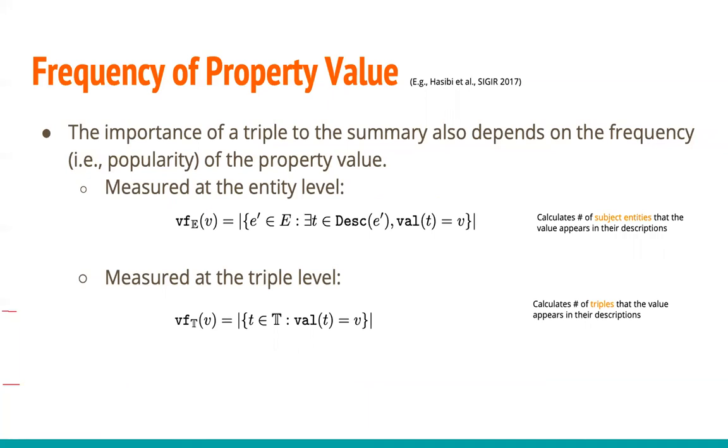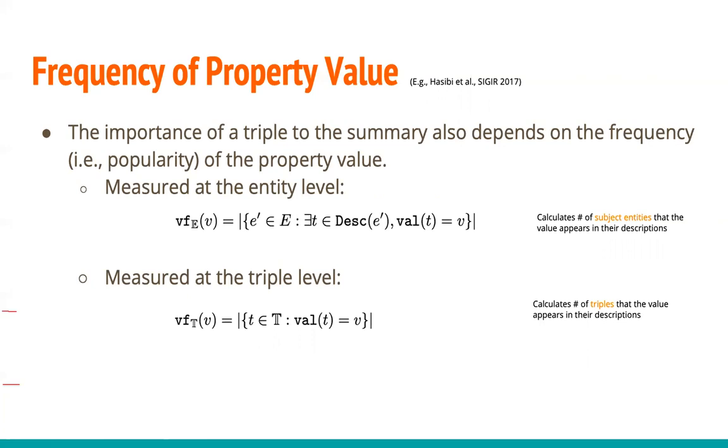So when measuring the frequency of a property value, you can again measure at the entity level and then the triple level. First, if it is entity level, we calculate the number of subject entities in whose description the value appears. So different subject entities for a property value.